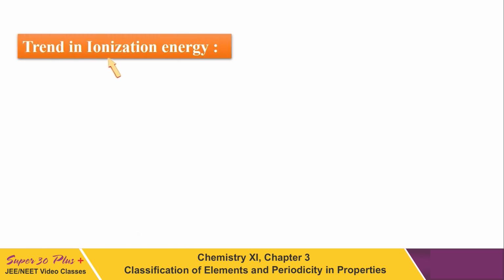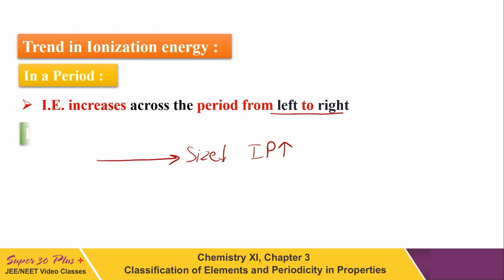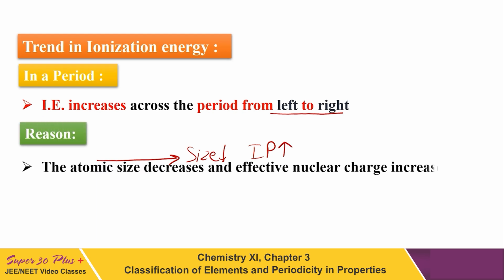The trend in the ionization energy is, in a period, IP increases as we go left to right, because size decreases. So when we go left to right, there is a decrease in size and obviously an increase in ionization potential. Here is the reason: decrease in size and increase in effective nuclear Z.